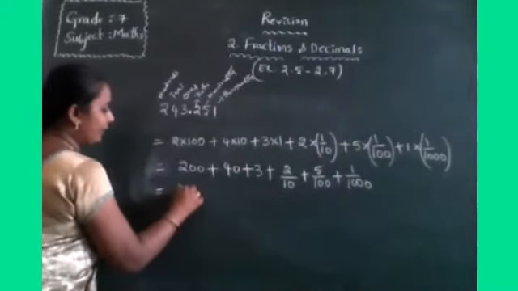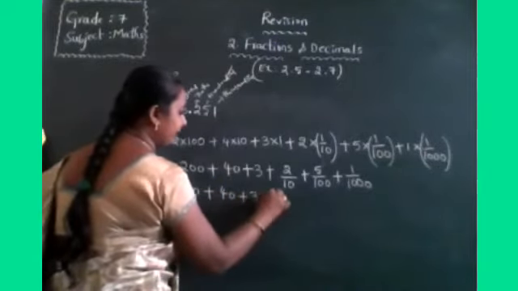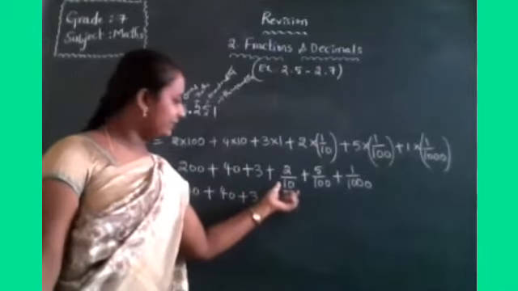So 200 plus 40 plus 3, plus 2 by 10. This is the fraction form.